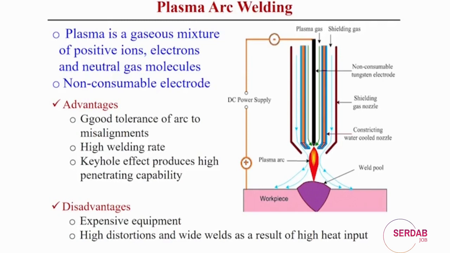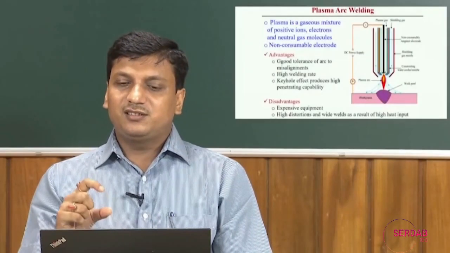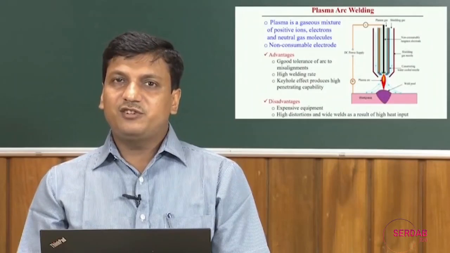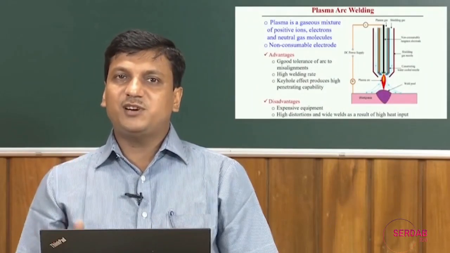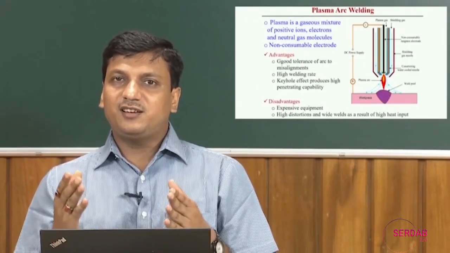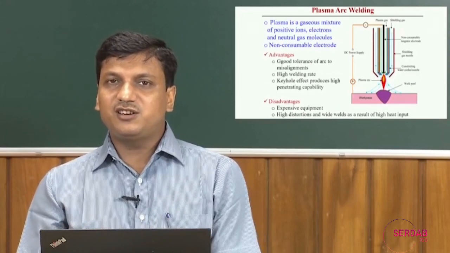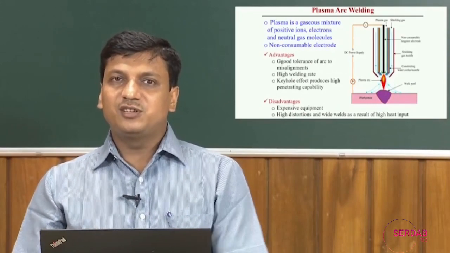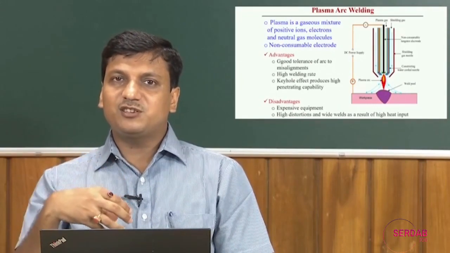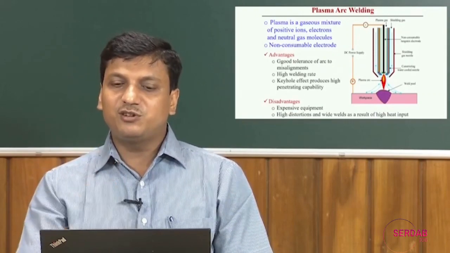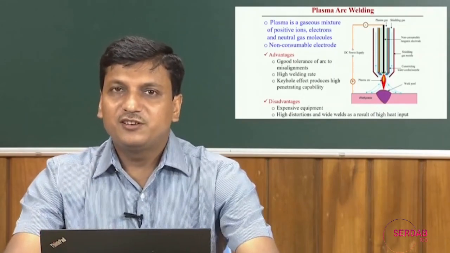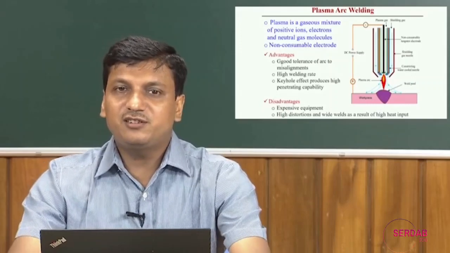So, depending upon the tip of the electrode, the shape of the arc can be decided mainly, but in this case, apart from the electrode tip, the plasma gas is the main gas that actually creates the arc between the workpiece. So, the application of the plasma gas can be constricted in a very small zone.